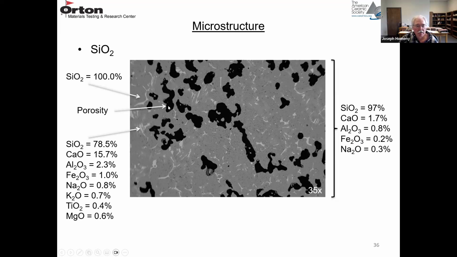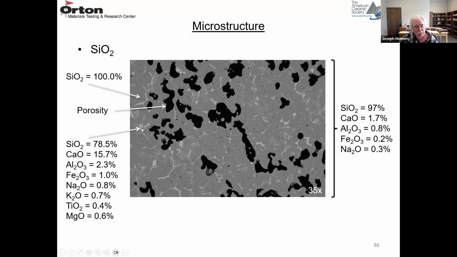So refractories are typically 15 to 20% porosity. So all the black regions are the pores. The dark gray regions are the silica crystals. So that's basically 100% silica. And then the light gray is where the lime and the impurities are concentrated, basically at the grain boundaries.